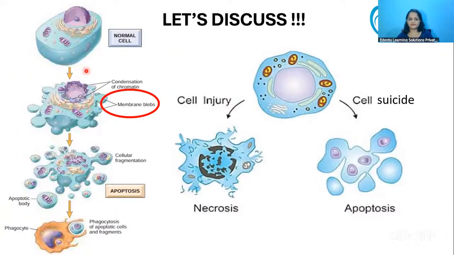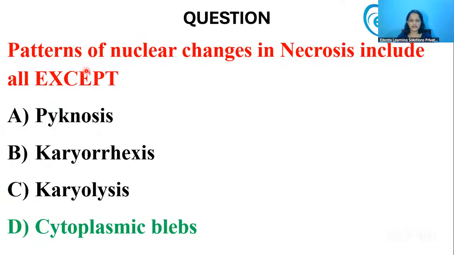So in the question, it is given patterns of nuclear changes in necrosis. Even if you don't know the exact nuclear process, you can see that pyknosis, karyorrhexis, and karyolysis are related to the nucleus only.